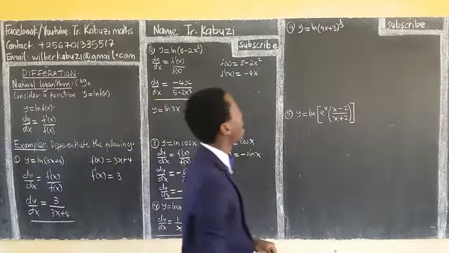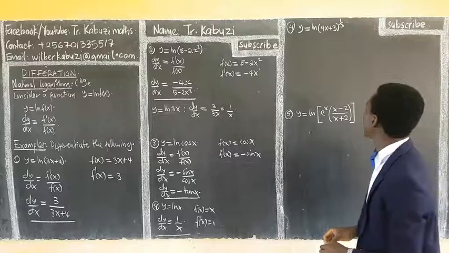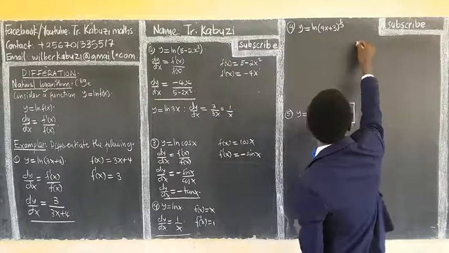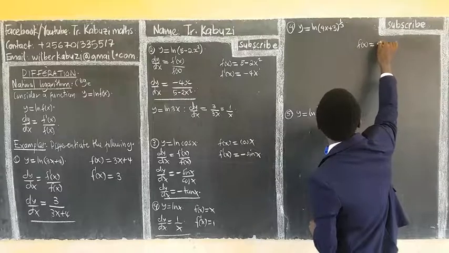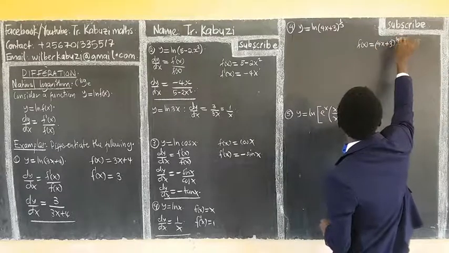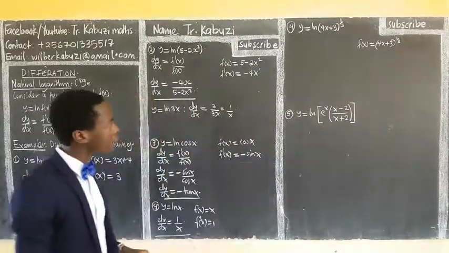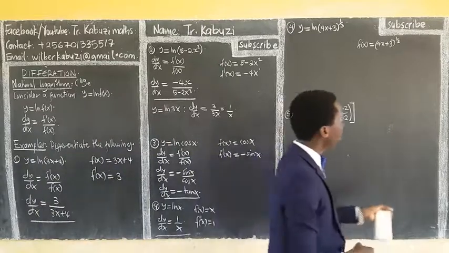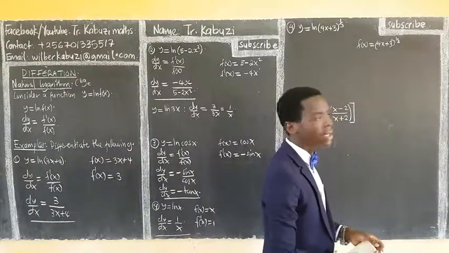Okay, let us now come to this. Now this one, we have the cube root. That means we have to take this one here. So our f of x is going to be 4x plus 3 to the power of one third. Now here, we need the idea of the chain rule. What does the chain rule say?